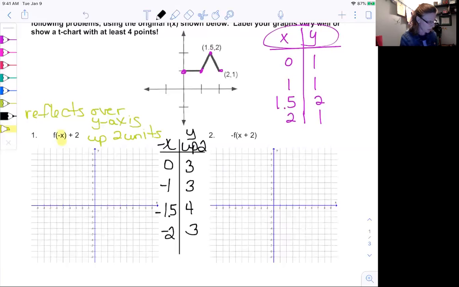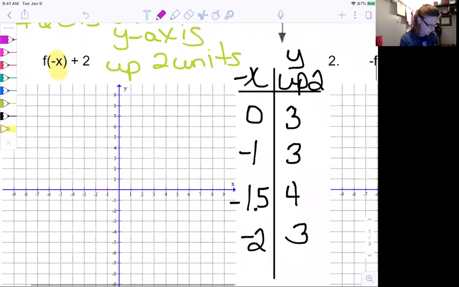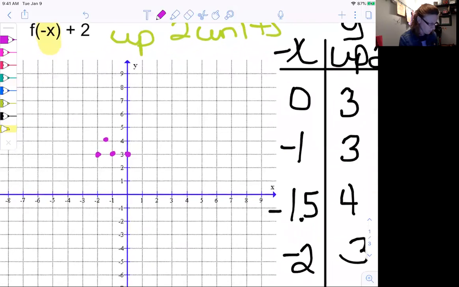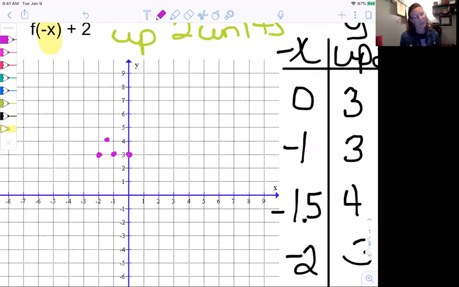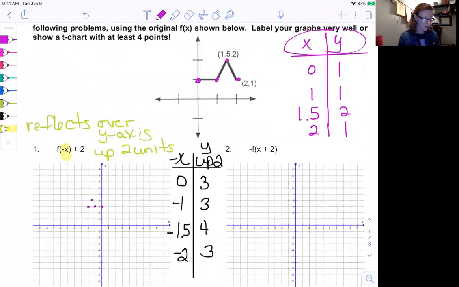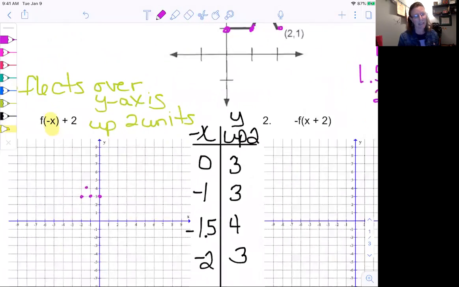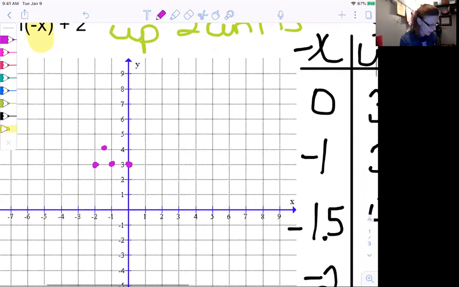So let's see if I can plot these points. I know it looks like a pretty small graph, and that's because we're counting by ones, and the graph that's drawn was nice and big and spaced, but this is going to be a tiny little graph.